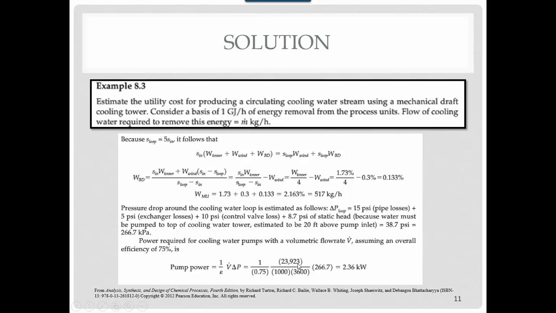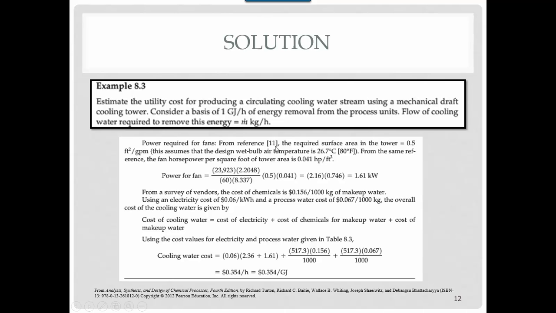We have a mass flow rate, so just change that over to get it into volume. An efficiency of 75% is a typical value. Then we see that we're going to require roughly 2.4 kilowatts of power to pump this material through the circulating mechanical draft cooling tower. So we've got water loss and we've got pumping power.